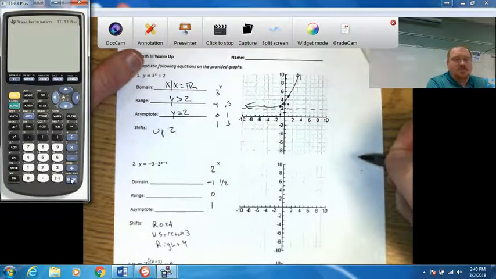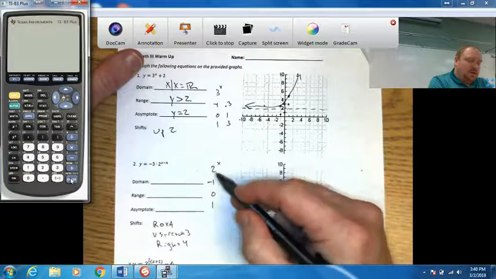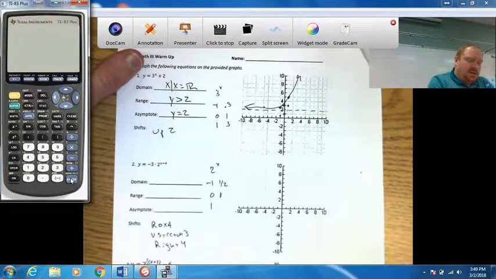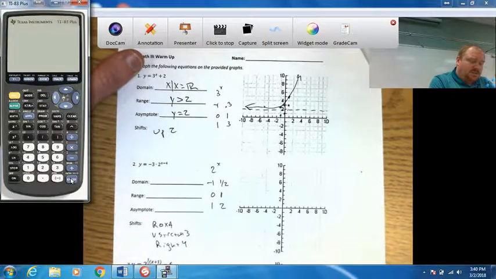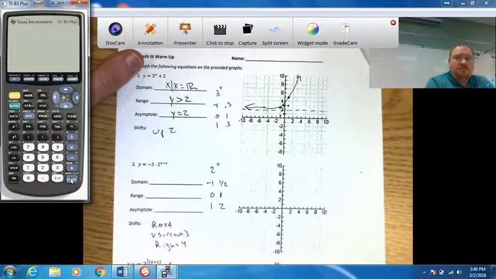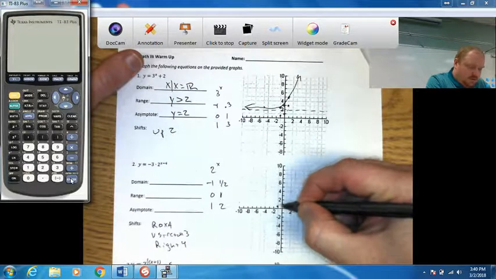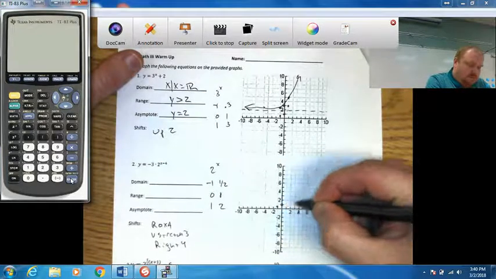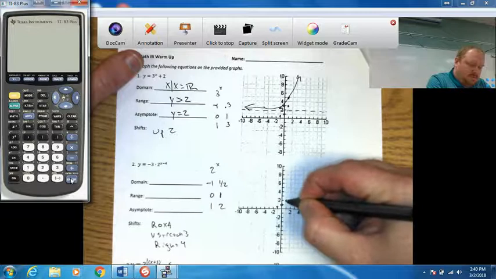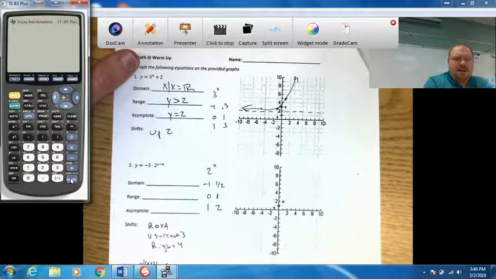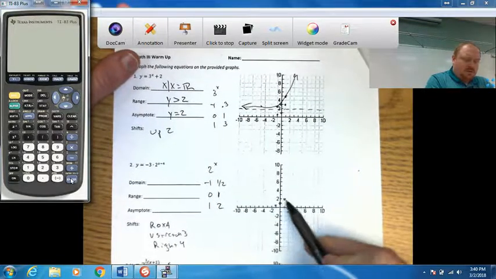Either one is sufficient. 2 to the 0 is 1, and 2 to the 1st is 2. So I'm able to plot those points now. So those are my parent points.